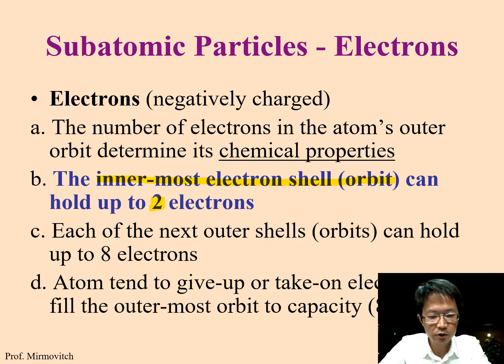This is something that you need to memorize, 2 electrons. So after this first electron shell, the next electron shell can hold 8 electrons. This is also something that you need to memorize. 8 electrons. And then the third electron shell, let me write it down here.